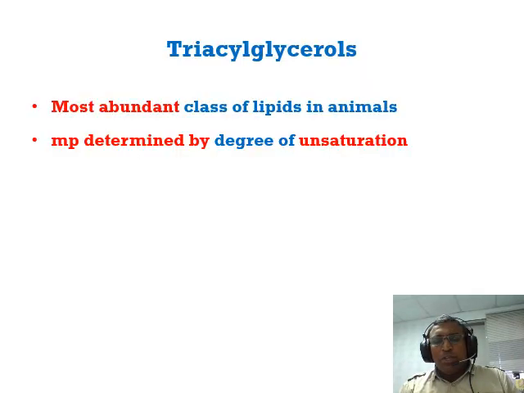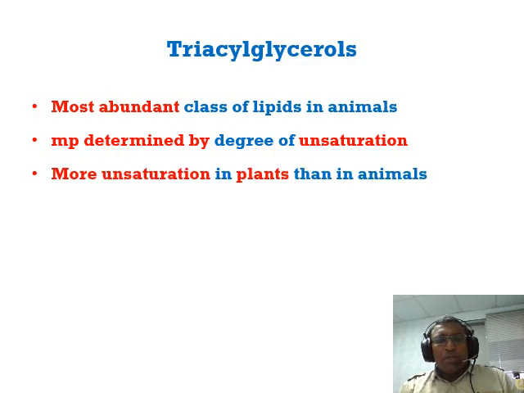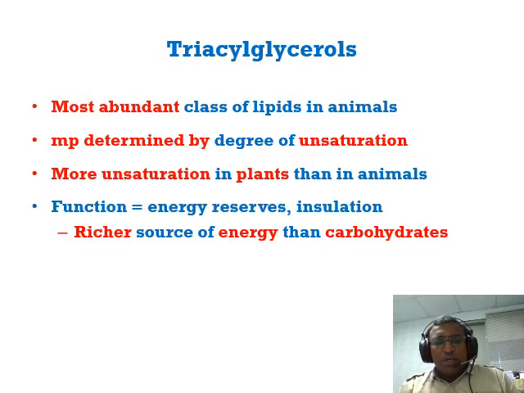The more double bonds included in the fatty acids of the triacylglycerol, the lower the melting point. What is generally known is that plants have more unsaturation. That's why vegetable as well as plant oils are in liquid form rather than semi-solid, which is found in animals.